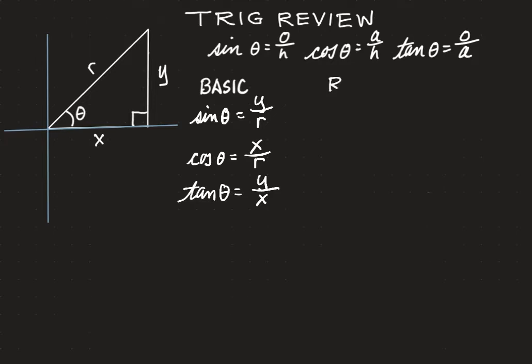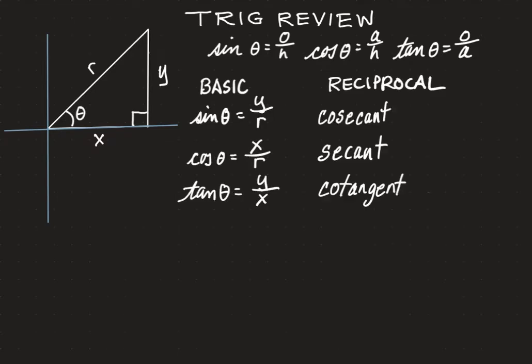Besides the basic trigonometric functions, we also have the reciprocal functions, cosecant, secant, and cotangent. Now, it might be nice if we could keep sine and secant together and call those reciprocals, but that's historically not how they were developed. And so actually secant is the reciprocal of cosine, and we abbreviate it this way.